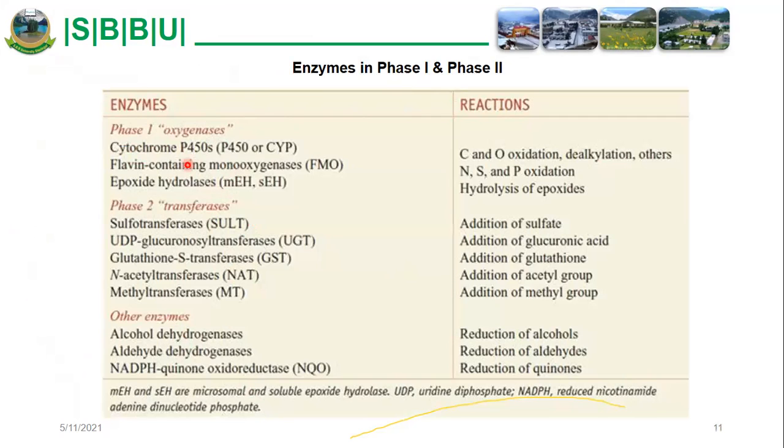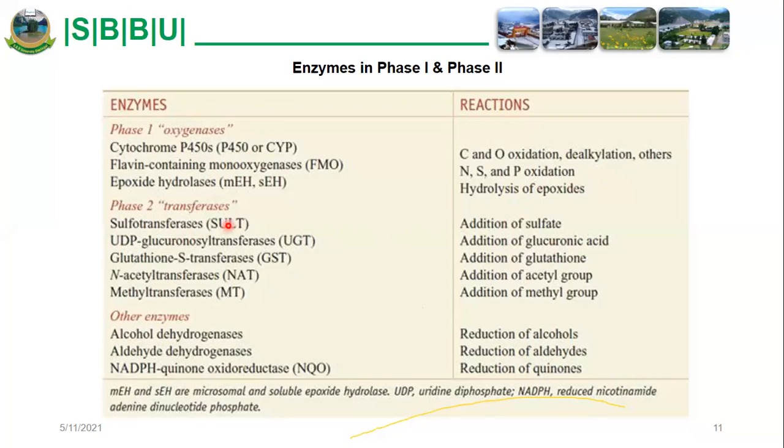But along with that, the cytochrome P450 system plays a major role in biotransformations. But there are certain kinds of enzymes that are not cytochrome P450 enzymes. We will discuss that later on, but they have a role in the biotransformation of phase 1 reactions. And these are the examples: carbon and oxygen dealkylation, sulfur oxidation, deamination, and hydrolysis of these things.